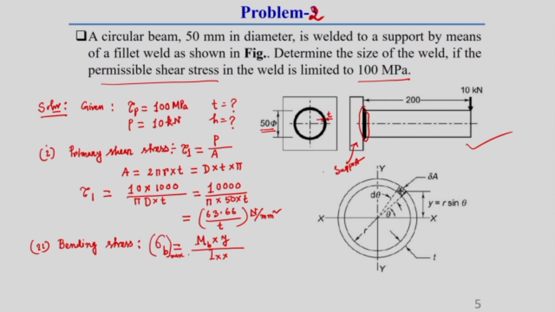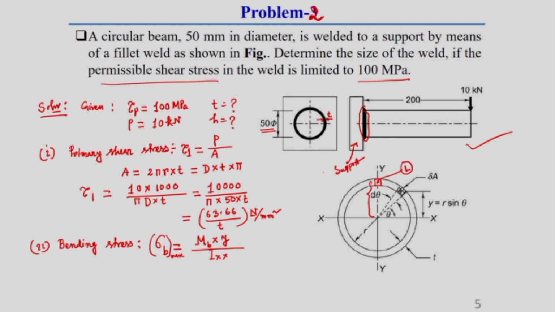So, what should be the maximum bending stress? This maximum bending stress will be at the periphery, at the maximum perpendicular distance. What is the maximum perpendicular distance of this weld from this x axis? Here I am showing, it will be this distance. Let us consider this element as L element. In this L element we can get maximum bending stress.